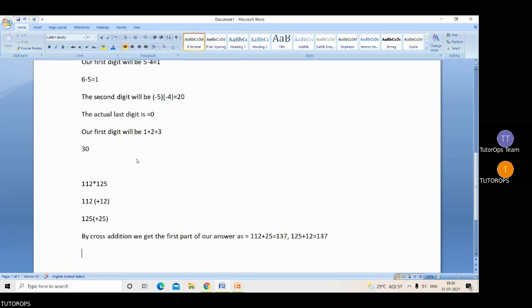Now the last part of our answer will be 25 into, sorry, here I need to check for the sign also. So plus 25 into plus 12.